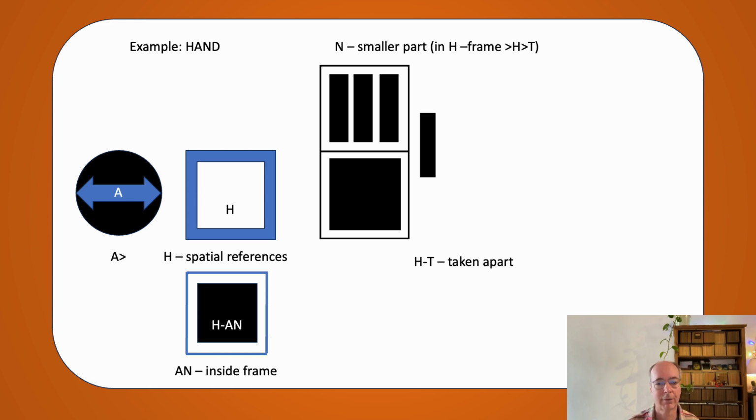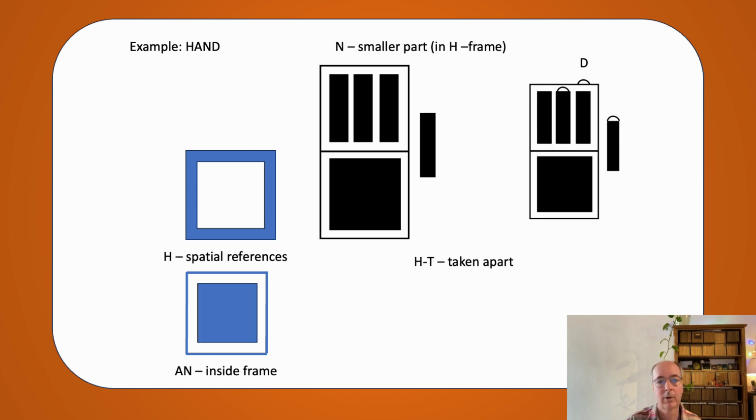The frame of hand, the hand with the T. We could of course use the D or the pressure point there as well, but that's not what I'm going to do now. I do it very superficially. This is hand, it's recognizable: the H is recognizable, the A is recognizable, the N and the T, and TN somewhere in between H and T is still recognizable. It's very superficial, very quickly done, but it's there. And I just wanted to show you the difference.